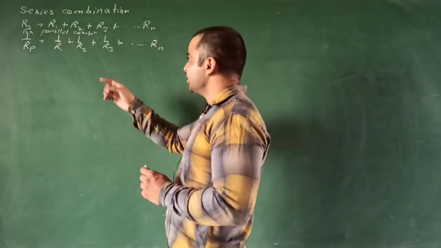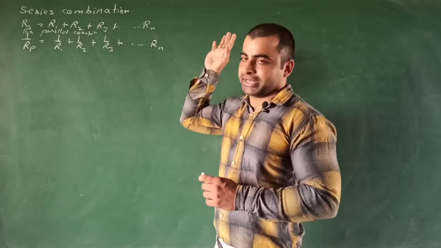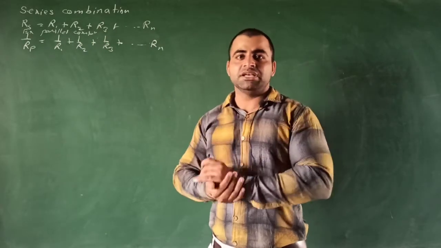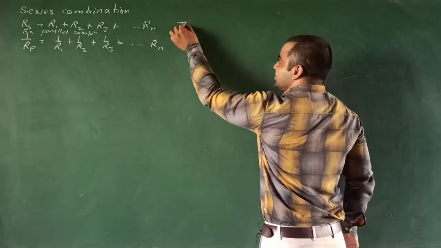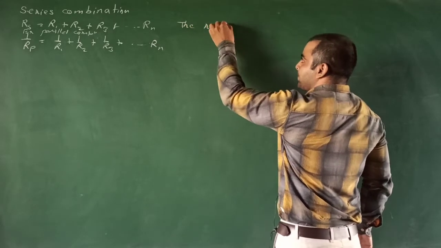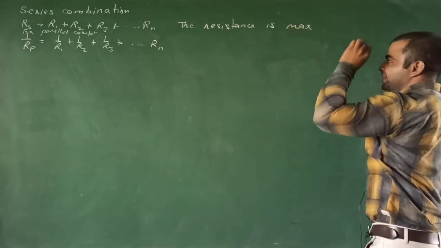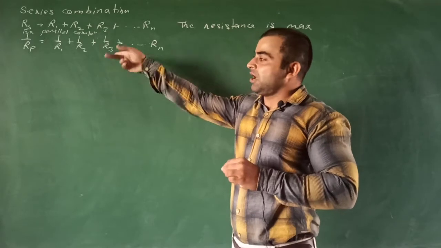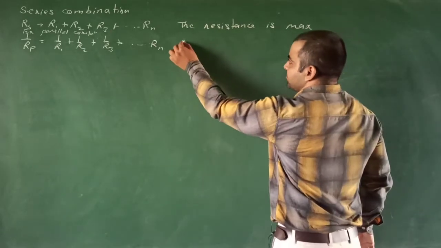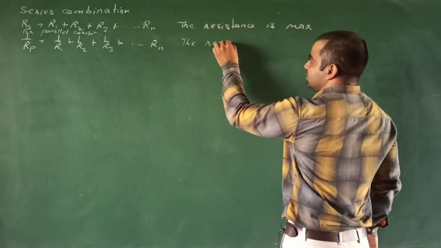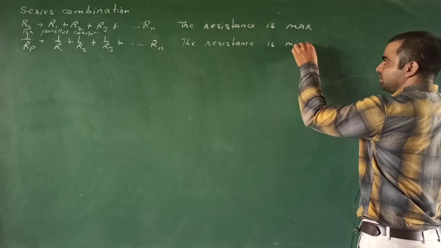In series, the resistance is R1 plus R2 plus R3 up to Rn, so the resistance will be maximum. In parallel, all are reciprocals, so the resistance will be less, minimum we can say.